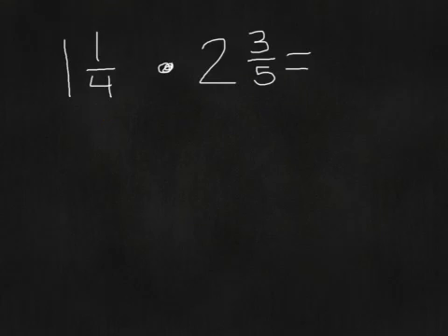In order to do that, I need to take my denominator, 4, and multiply it times my whole number 1. I do this because I need to figure out how many parts are in that one whole right there. So since there are 4 parts in one whole, I'm going to take 4 times 1, and that's 4.